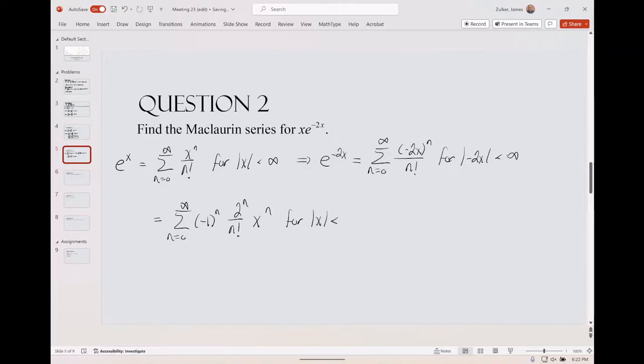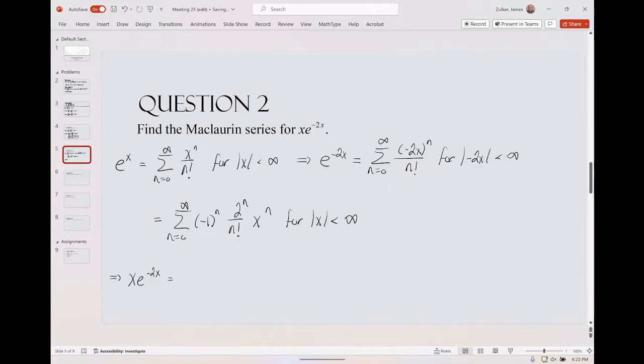Write that as (-1) to the n times 2 to the n over n factorial, all times x to the n. If the absolute value of negative 2x is less than infinity, what about the absolute value of x? It'd still be all real numbers. So we have e to the negative 2x.